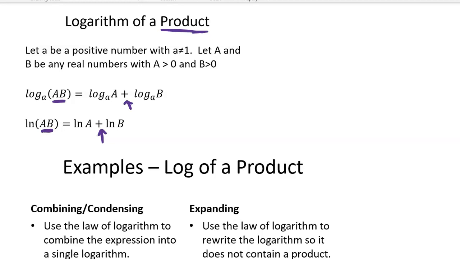It feels a little odd when you do this, but these are the properties that support the math behind the logarithms. So let's do a couple of examples down here.